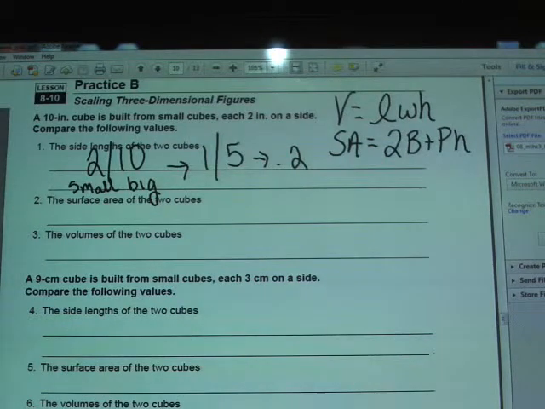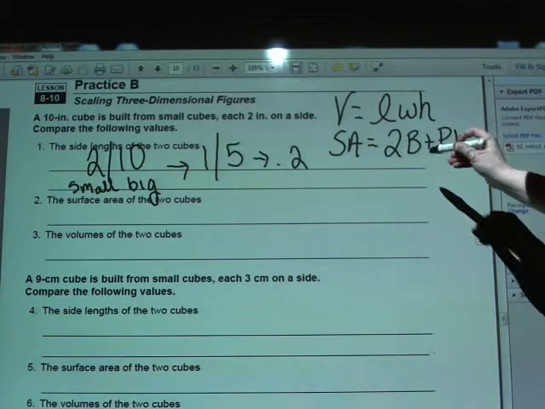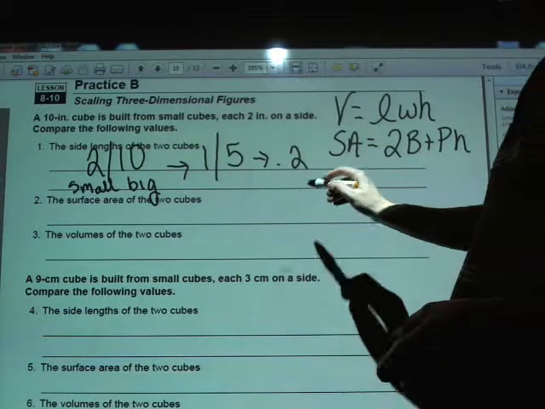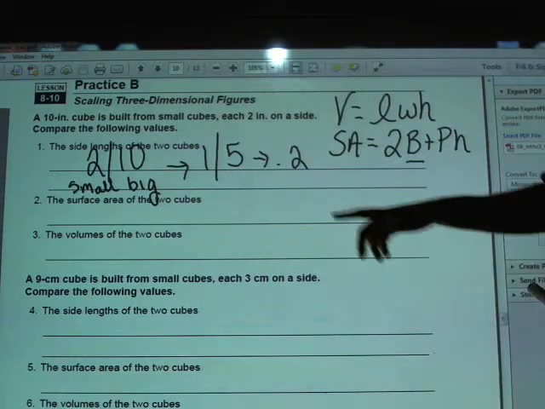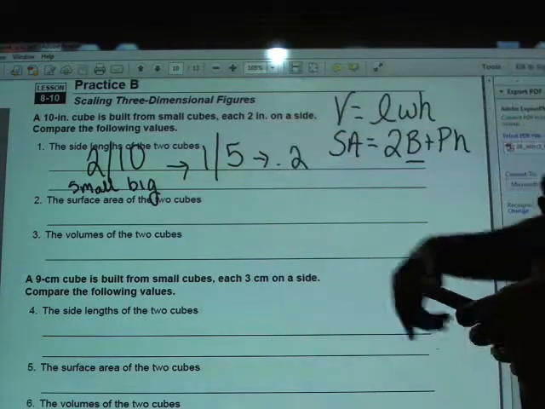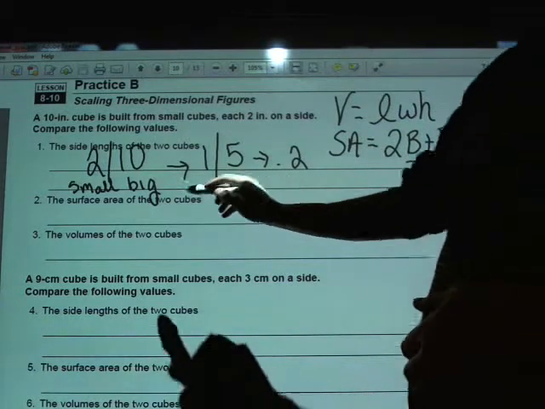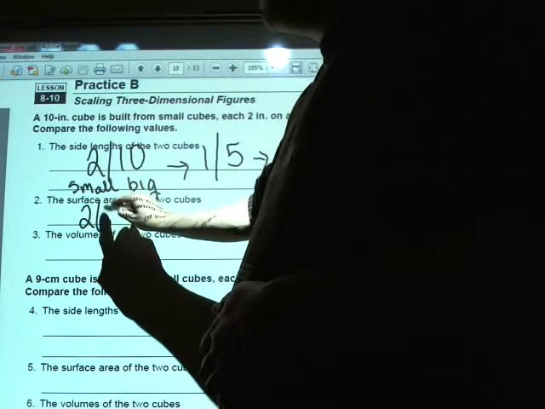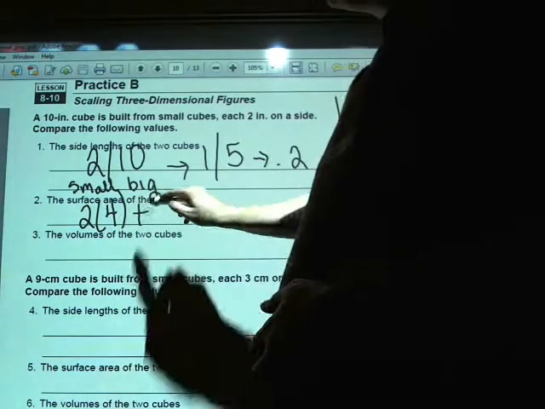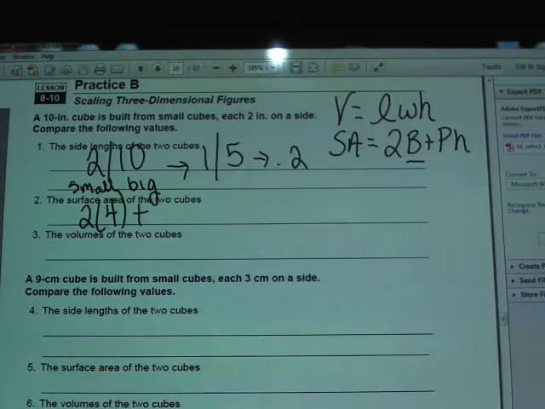So when we're talking about the little guy, the base there is going to be 2 by 2 or 4. So 2 times 4. 2 is just part of the formula. Plus that perimeter of that same base, so what you get when you add up the 4 sides of that base.